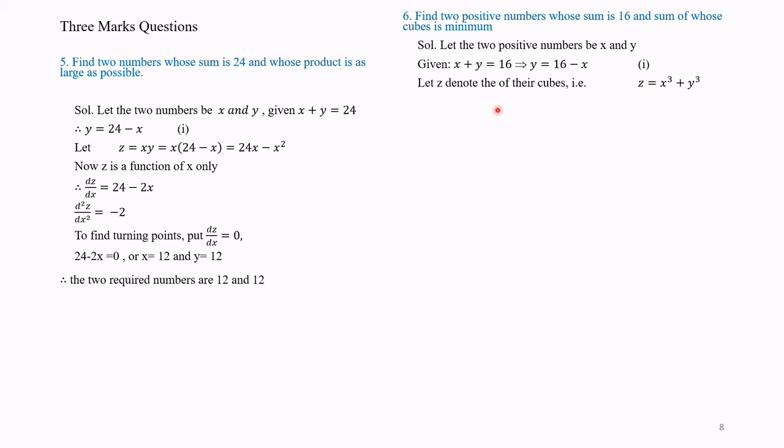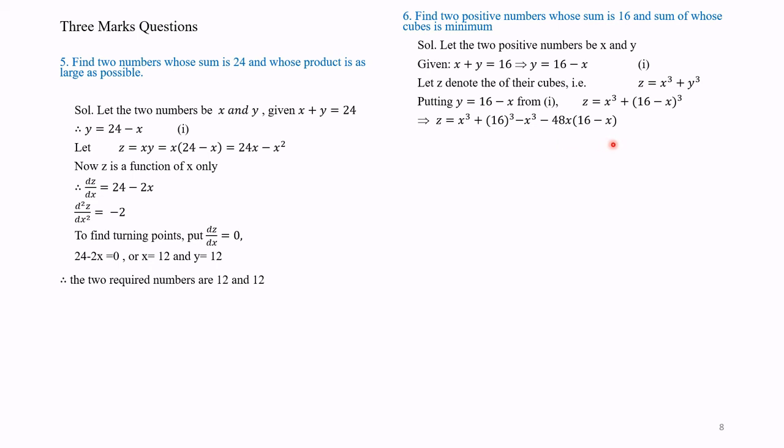Now, let z denote their cubes. Therefore, let z is equal to x cube plus y cube. Therefore, putting y is equal to 16 minus x from 1, we get z is equal to x cube plus 16 minus x whole cube. Therefore, z is equal to x cube plus 16 cube minus x cube minus 48x into 16 minus x.